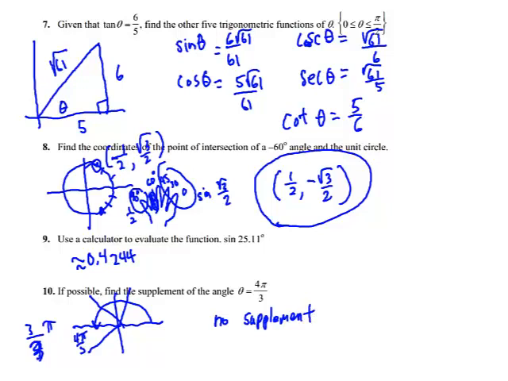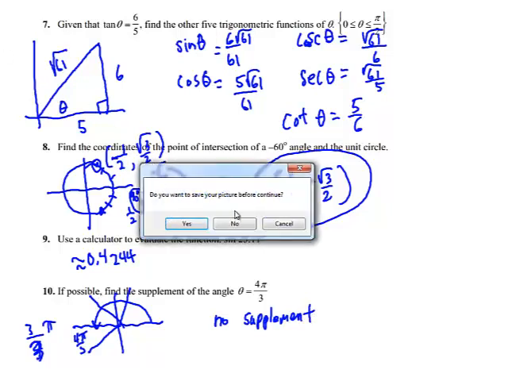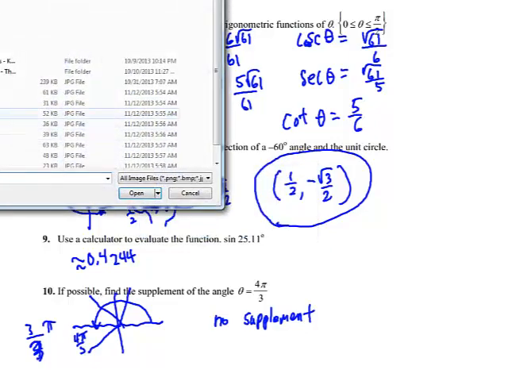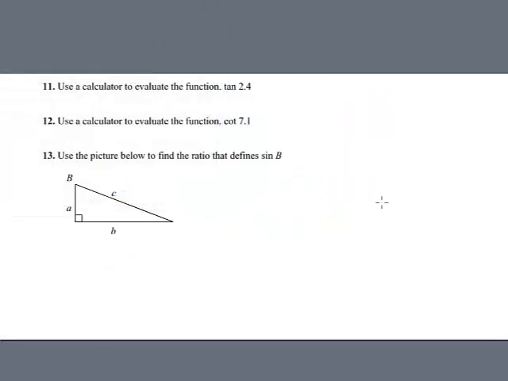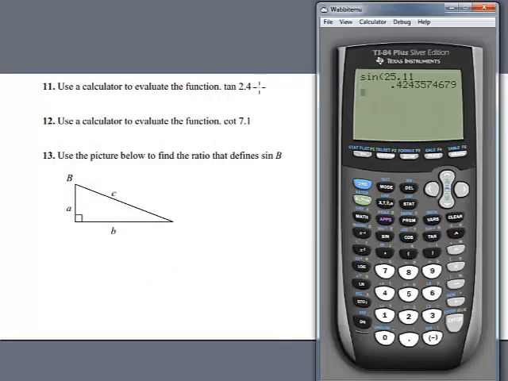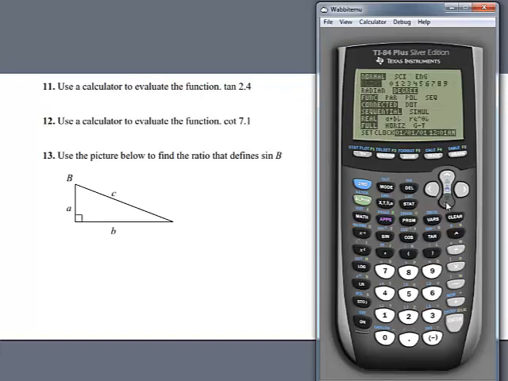All right, number 11. Use your calculator to evaluate. Okay, now I'm going to grab my calculator again. Now I just did these in degrees, so I have to go and change my mode to radians now because there's no degree sign on here. Don't forget to do that, otherwise it will not work. Tangent of 2.4.